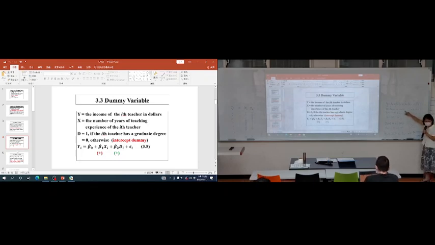Compared with beta 0. Since beta 0 is the starting salary of teachers with bachelor degrees, with a PhD degree the difference is beta 2, and with a master's degree it is beta 3.